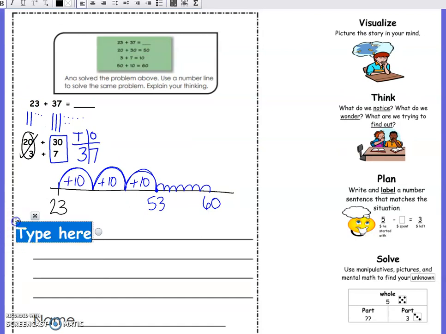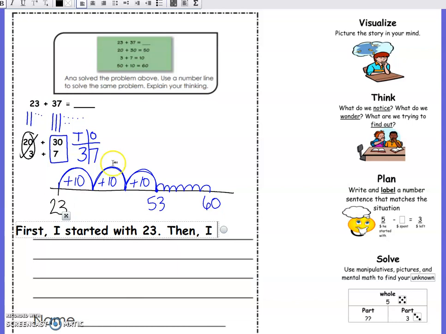So we're going to go ahead and we're going to write this down and we're going to use some of our transition words as we do it too. Okay, so the first thing we did was, we started our number line at 23. First, I started with 23. Okay, then so what did you do?